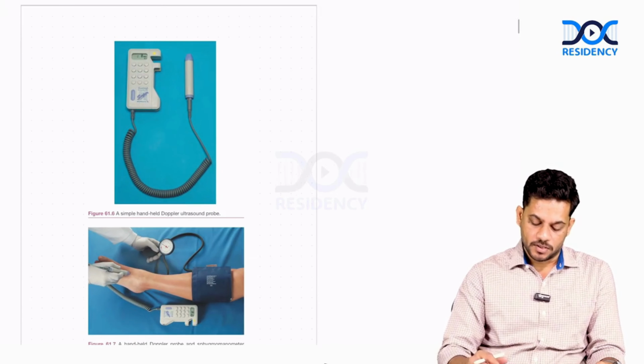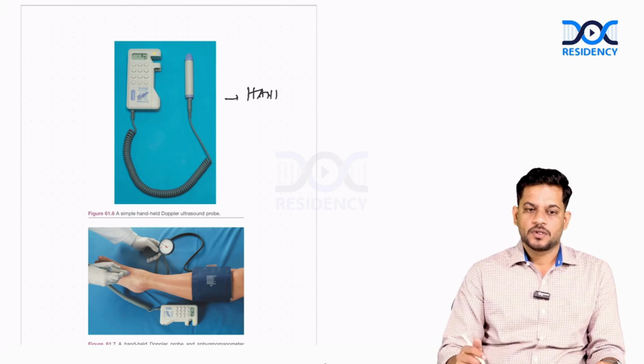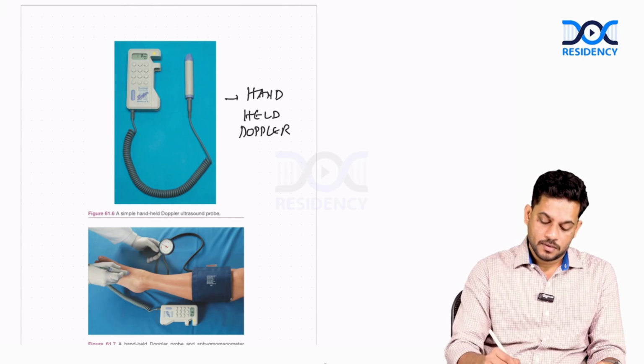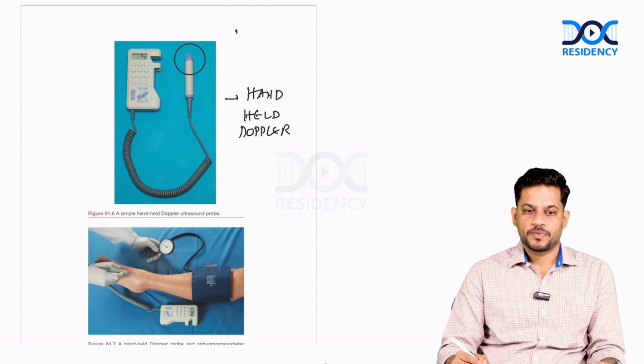So, before that, we'll see this one. This is the handheld Doppler machine. Here, what you see is a probe.